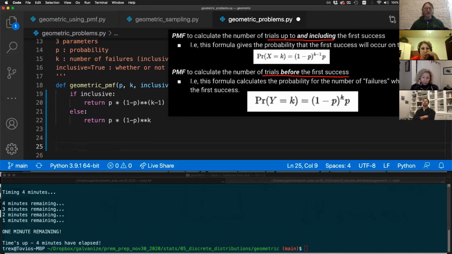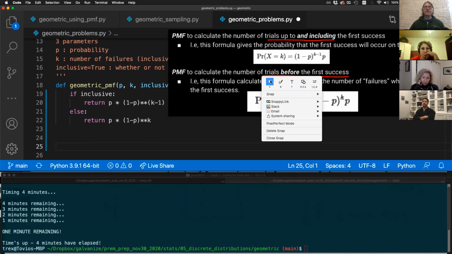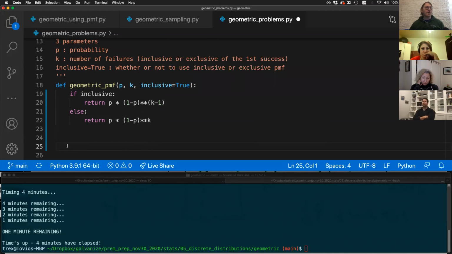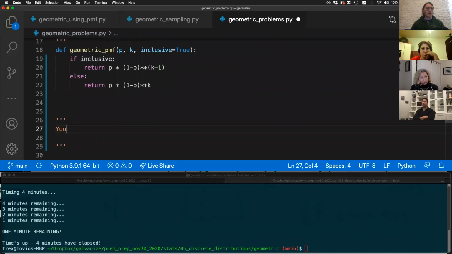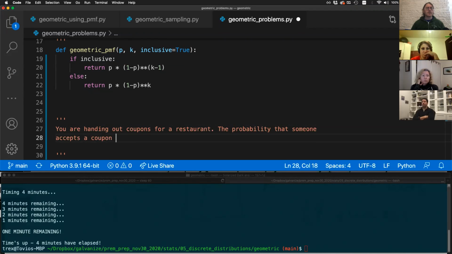So let's contextualize this with a story problem. You are handing out coupons for a restaurant. The probability that someone accepts a coupon is about 0.47.